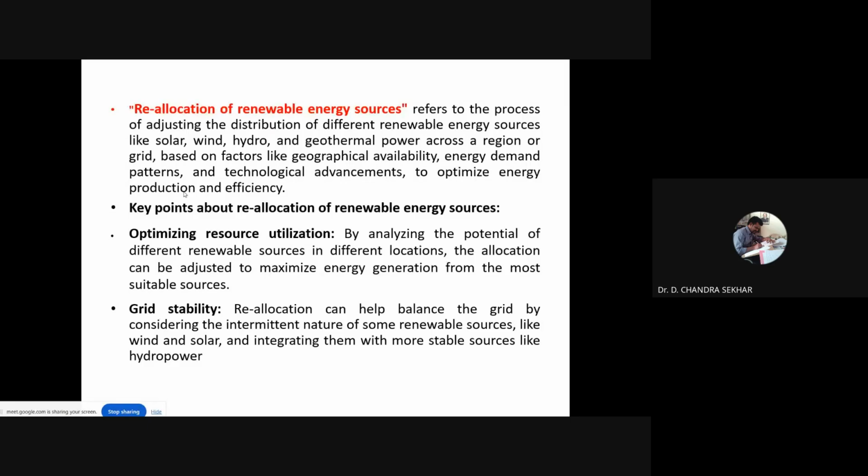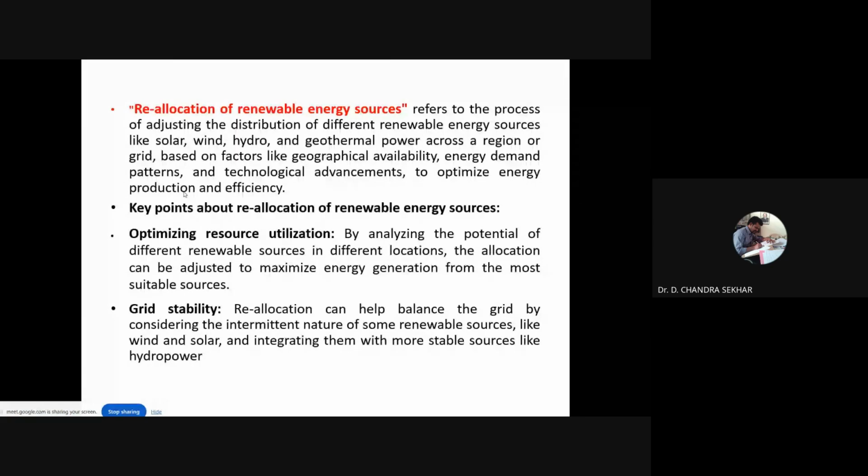One of the key factors in reallocation is optimizing resource utilization. By analyzing the potential of different renewable sources in different locations, the allocation can be adjusted to maximize energy generation from the most suitable sources.